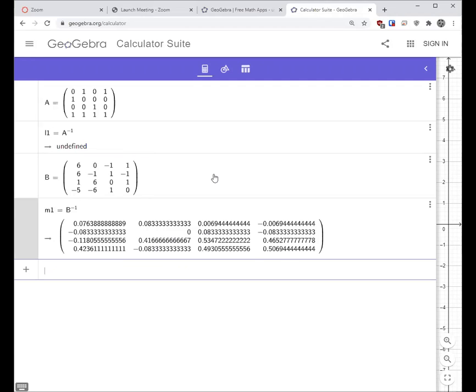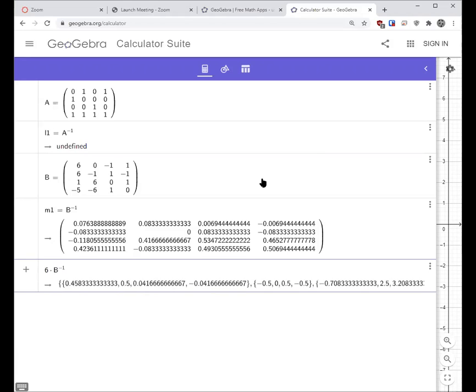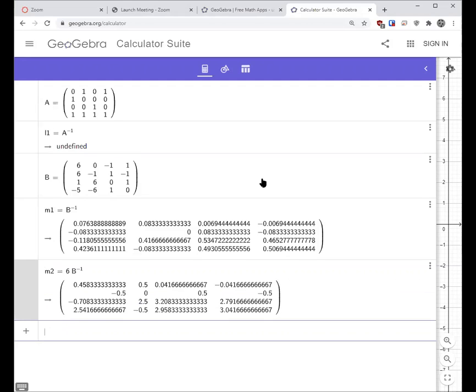What you have to try to do is figure out what the fraction form is going to be. Okay. So it looks like maybe if we multiply everything by 6, that might be helpful. So 6 times B inverse. Still doesn't quite get us there. Let's try 12.